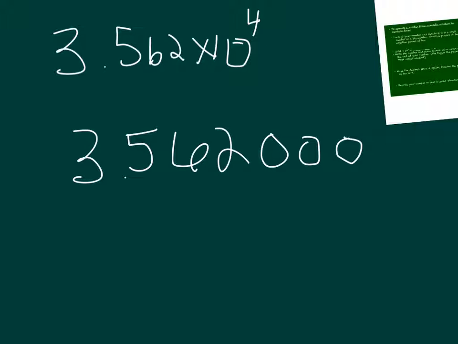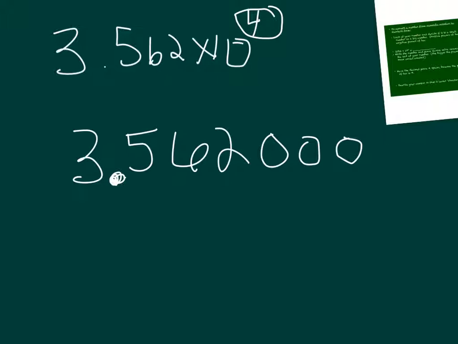So I write some extra zeros at the end of my number, and now I look at where my decimal place is, and right here is the original spot of my decimal place. And because my power of 10 is 4, I'm going to move that decimal place 4 spots.